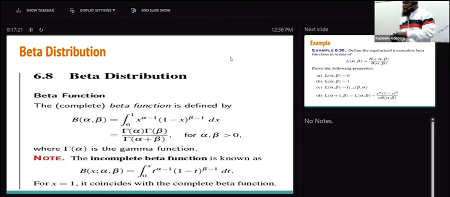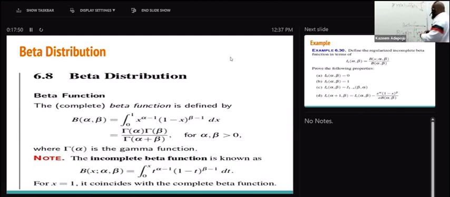Now, I want to derive the CDF, which is the cumulative probability of X less than or equal to little x, which we write with an uppercase F. I want to derive that for the beta distribution. So it means I want to integrate from 0 to x.